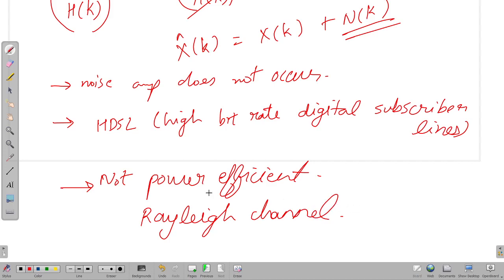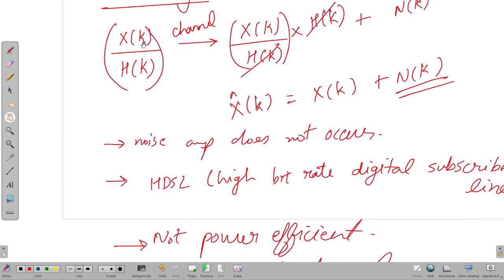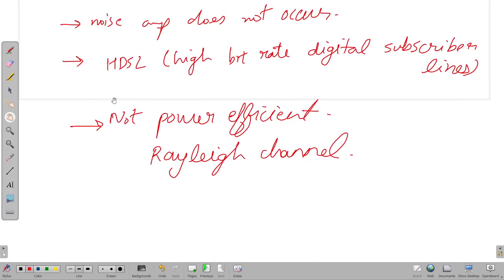For such channels, this technique is going to be highly inefficient because you need to compensate for a lot of channel types. So if it's a Rician channel, then there is a line of sight component. For a Rayleigh channel, there will not be a line of sight component, and with this method you will need to compensate with a large value of power for the transmitted signal.